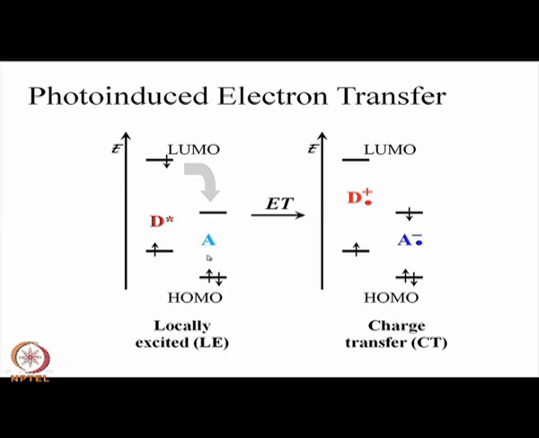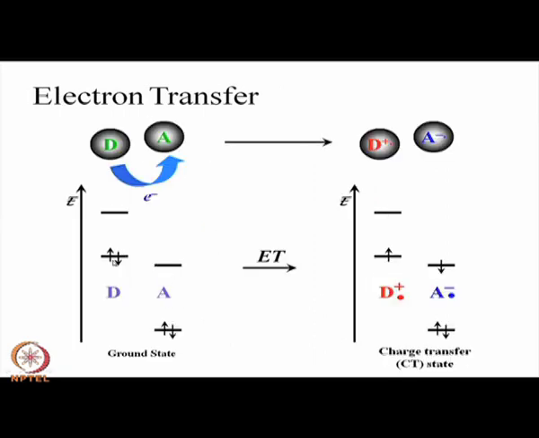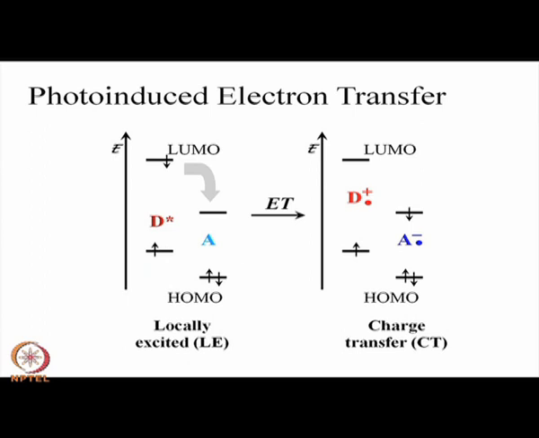Originally, in the previous diagram, it was over here, but when it is shifted over here, this prescription will not work. So you get your LUMO, then LUMO to the LUMO of this acceptor. It is your locally excited state, then it gets to here, giving rise to D plus dot and A minus dot.